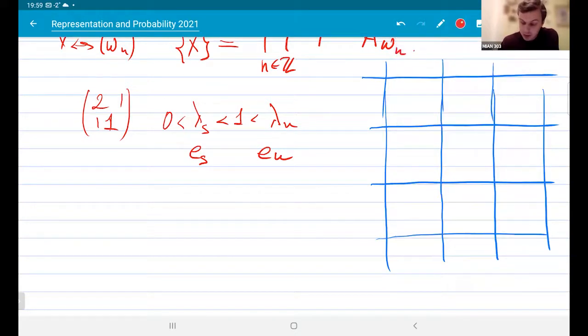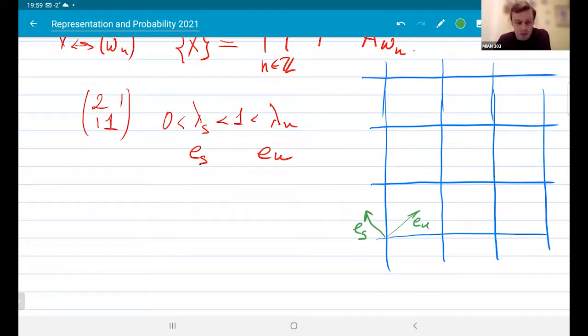These vectors are situated as follows. Lambda_1 is here. This is E_U, and E_S is orthogonal because our matrix is symmetric.